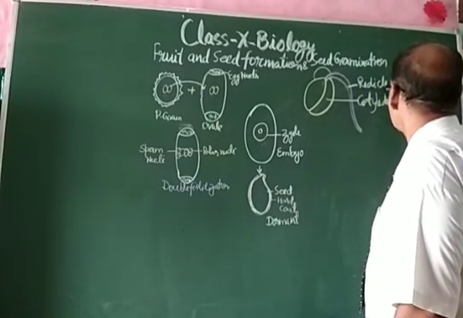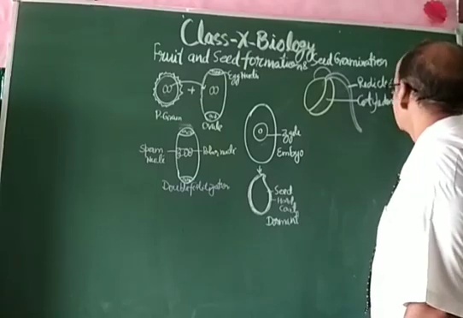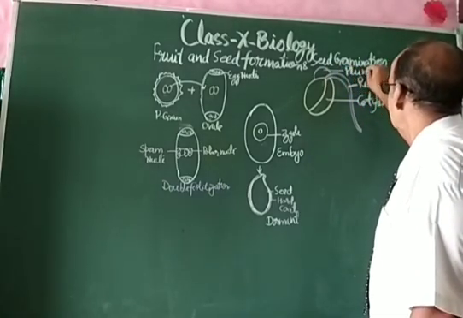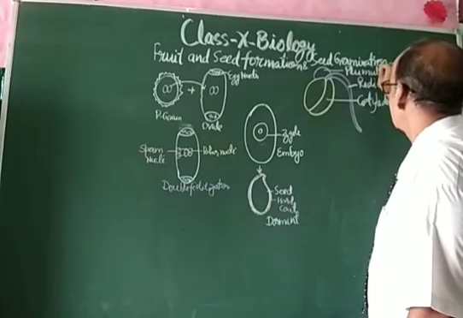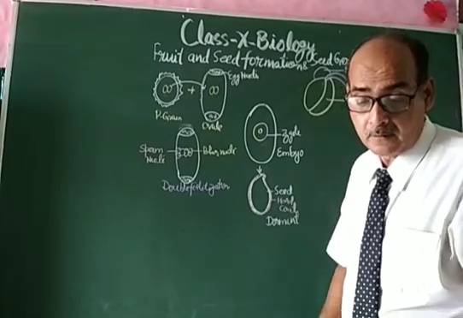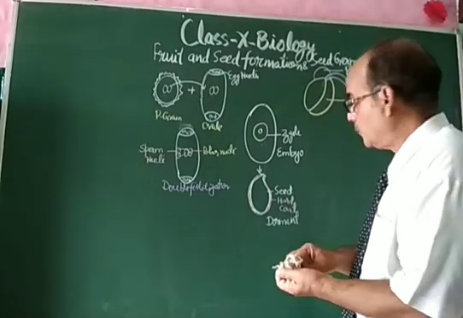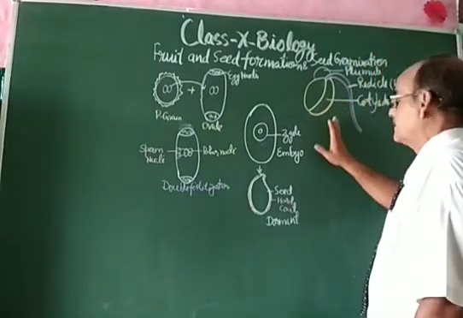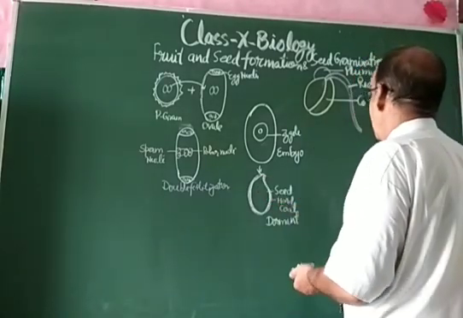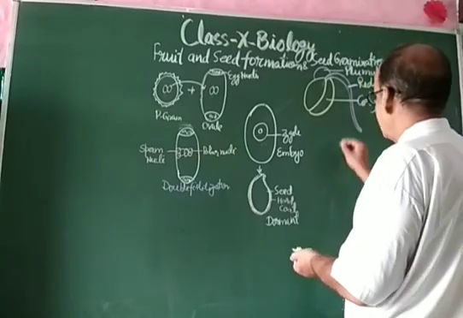It gets converted to the root, and this is the plumule, which will grow into the stem. Okay, so radicle and plumule are there. These two parts are found in this, and later on what is happening?